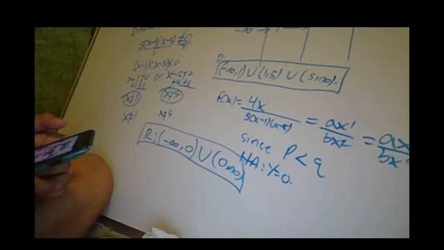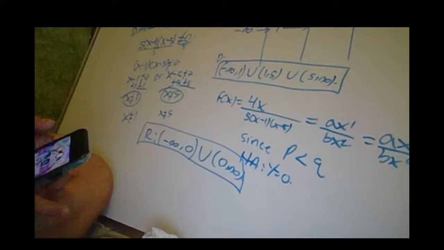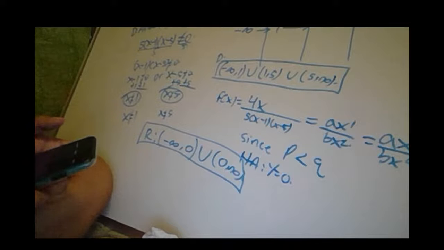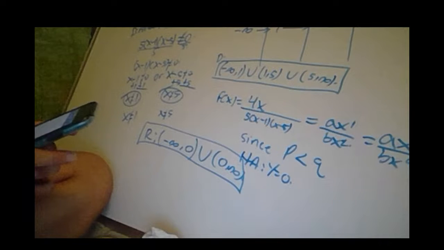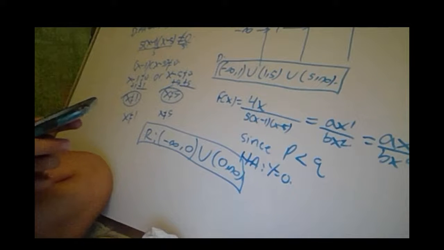Or let me go to Mathway, that one's better. It's 4x over 5 times x minus 1 times x minus 5.